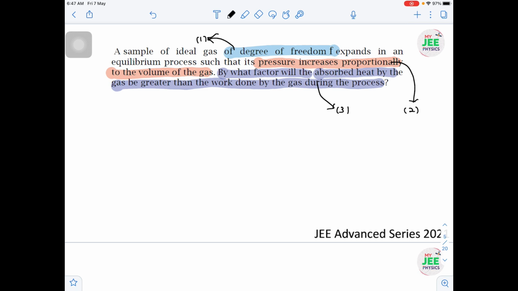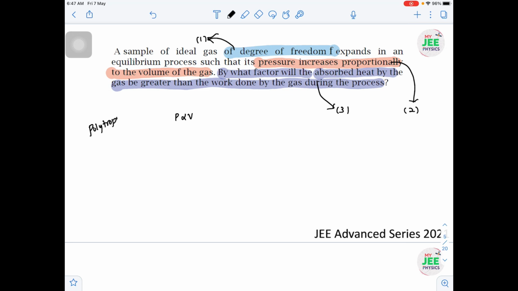In the question they have given that pressure increases proportionally to the volume of the gas. So I am taking the question condition, the second part of the question, which is P proportional to V. Whenever it comes to P proportional to V, a process which is not isothermal, adiabatic, isochoric or isobaric, then obviously it is polytropic.